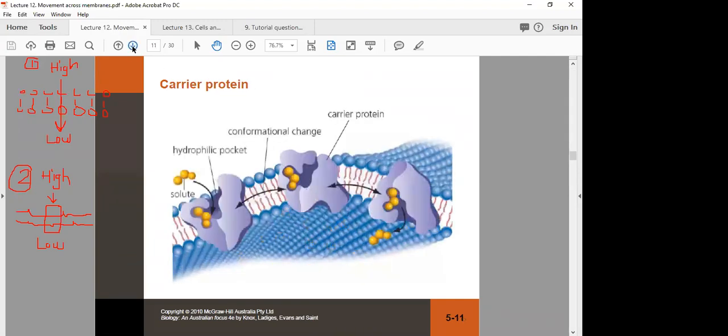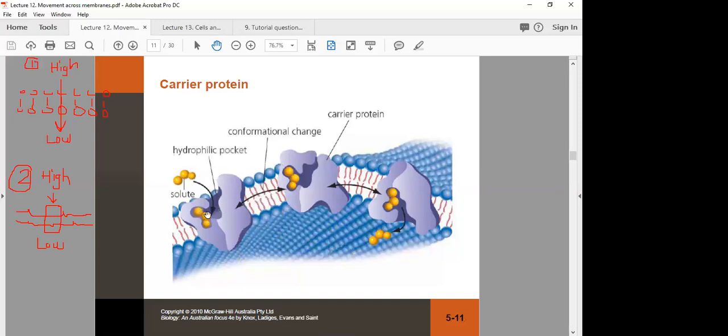Now let's compare that to a carrier protein. So here's a carrier protein which is open. So here's the pocket. It's open just to one side of the membrane in this state. The solute can bind. There it is, bound in that pocket.